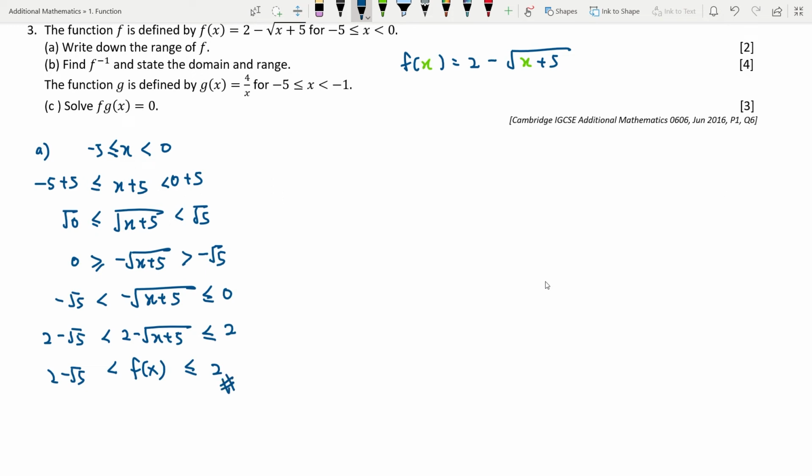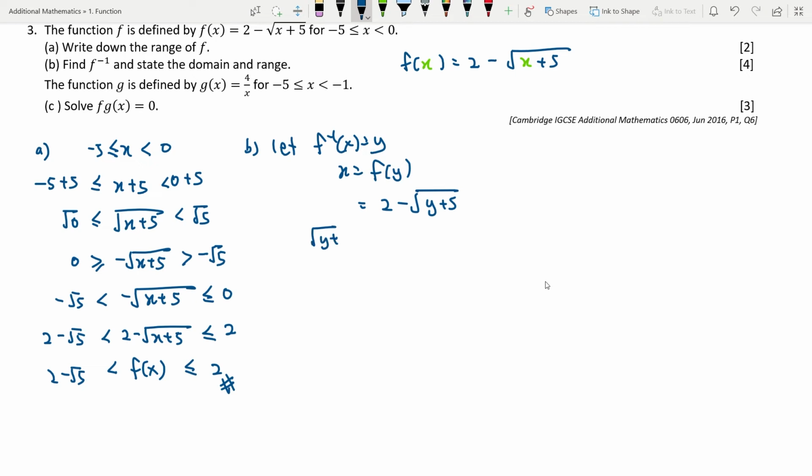B. Find f inverse and state the domain and range. We let the inverse function of f equal to y, x equal to f of y. Substitute y into the function f. We have 2 minus square root y plus 5. Make y the subject.